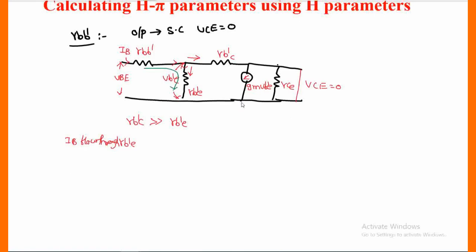Now apply KVL in loop 1 to find VBE. So we can write VBE is equal to IB into (RBB' plus RB'E).